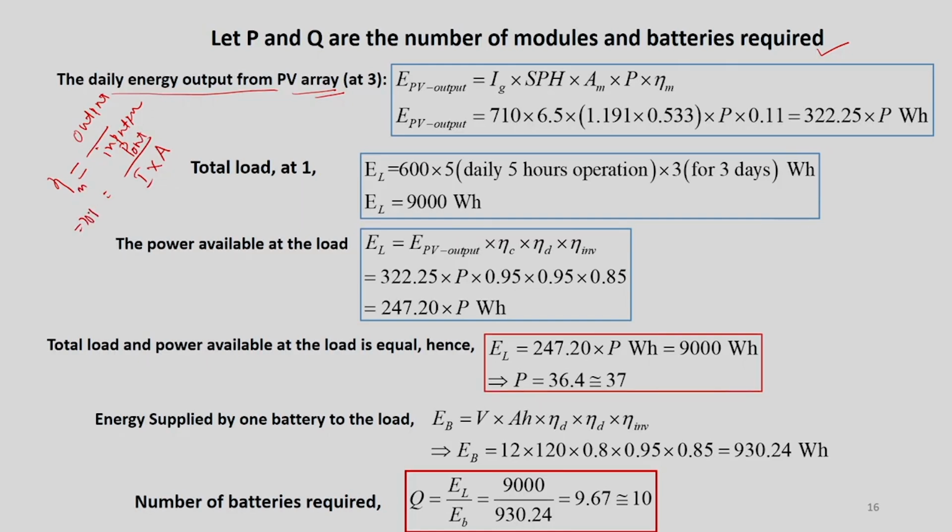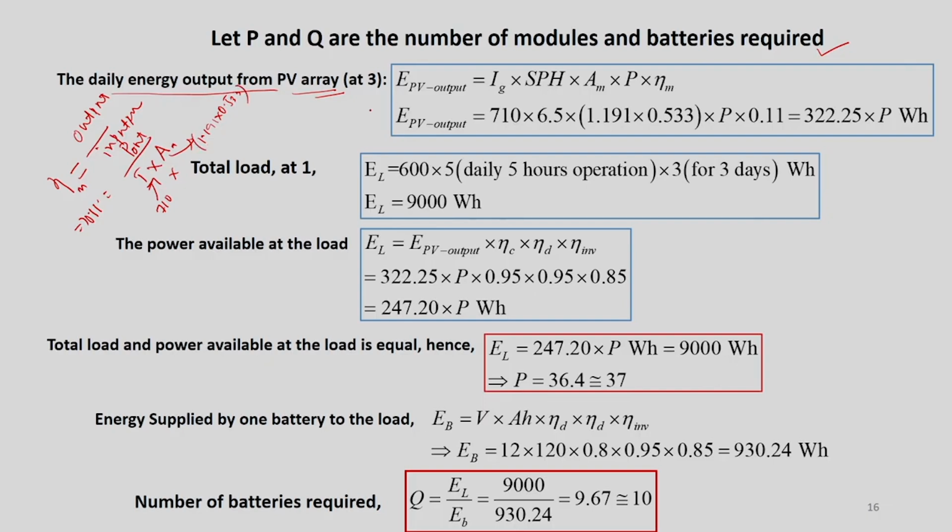So, we will write 0.11, and this is given as 710 and area. This area is nothing but the module area, given as 1.191 by 0.533, right.